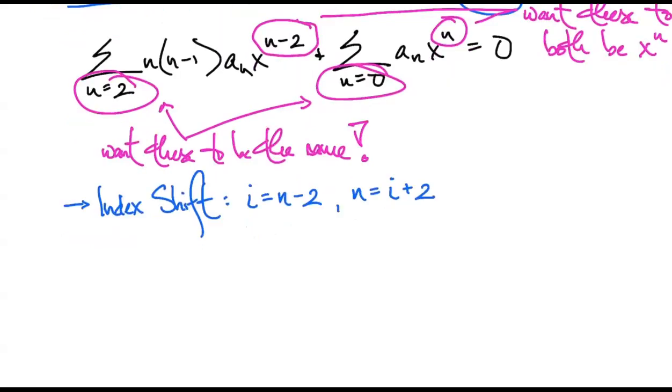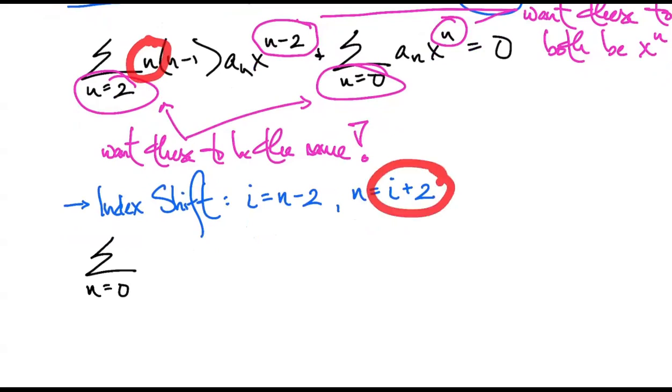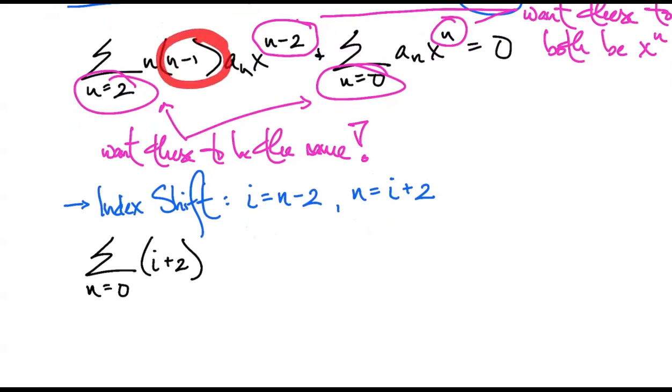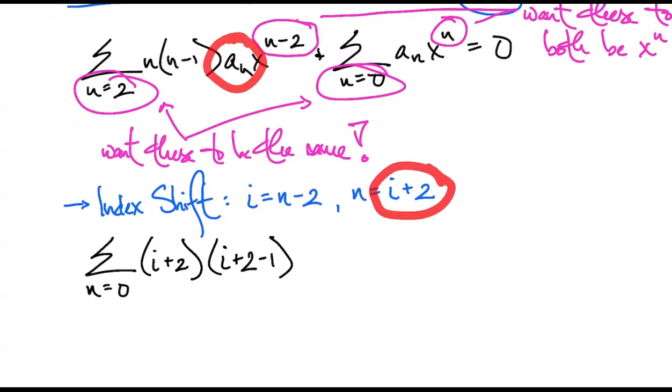So I plus 2 is what I'm going to substitute in everywhere in the first one. So we're going to get the sum from n equals 0. Instead of this first n, I'm going to write i plus 2. Instead of n minus 1, I'm going to write i plus 2 minus 1. Instead of a sub n, I'm going to write a sub i plus 2.